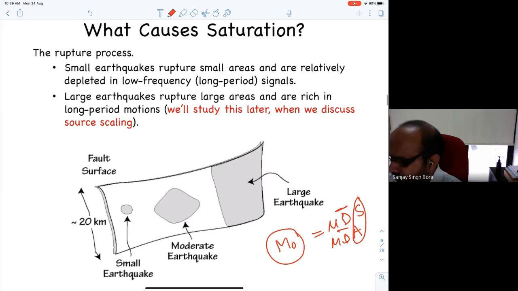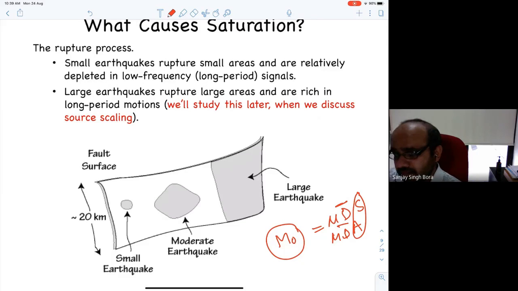And the actual size of an earthquake depends upon the area, how big the fault was, and how much slip has occurred there. On a smaller fault, there can be a larger slip also, right? It's not necessary that only larger faults generate larger slip. Of course, they have more space to go. If a fault is 100 by 100, it has more space to slip.